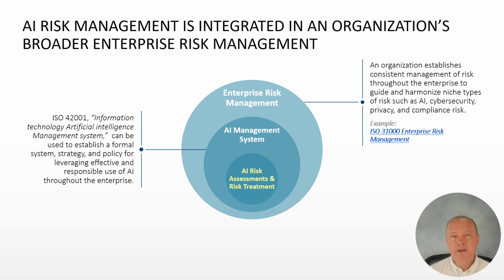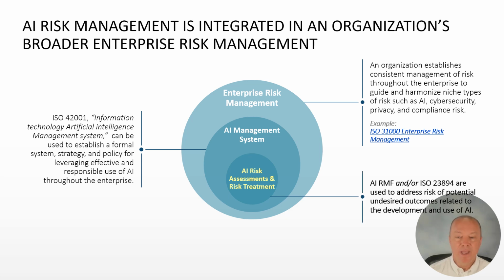Okay, but what about the risk of AI? Can we do a more specific job on managing the risk of AI within that overall AI management system? Well, indeed, that's where we have the AI Risk Management Framework by NIST, the only version and the latest version, 1.0, just released at the end of 2023.